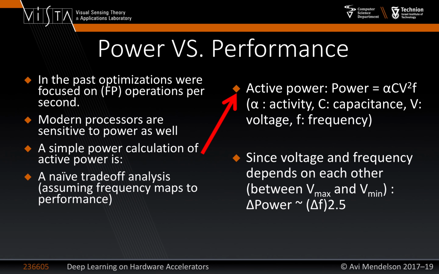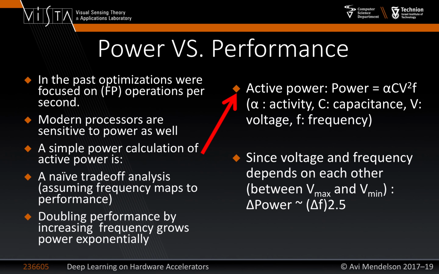Which means that if I just assume that frequency equals performance, suppose that I want to double my performance. One option is to double the frequency, so I'll get double the performance. In this case, because this is f to the power of 3, it is something between 6 times to 8 times more power.